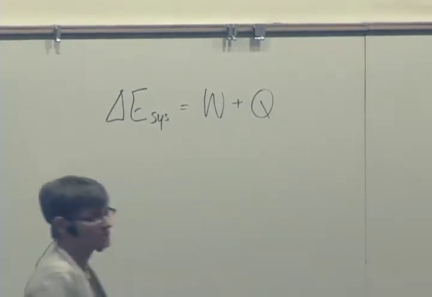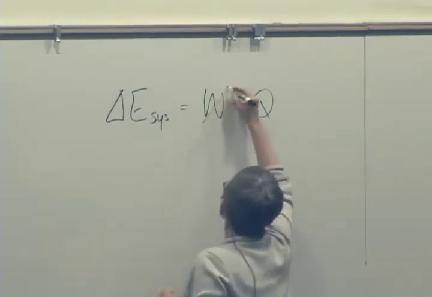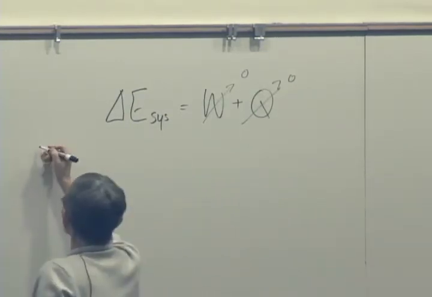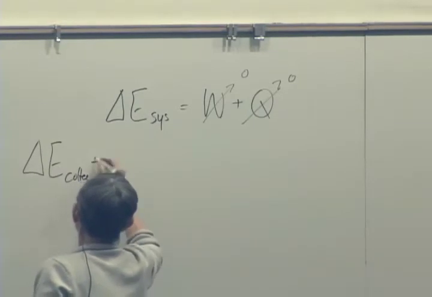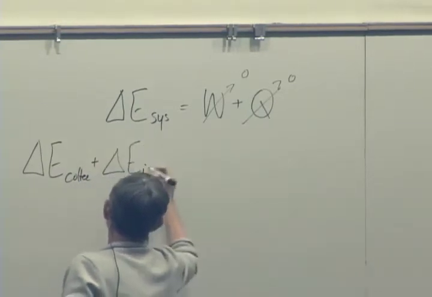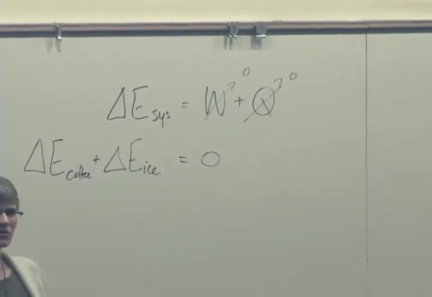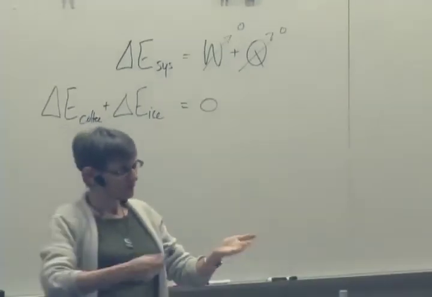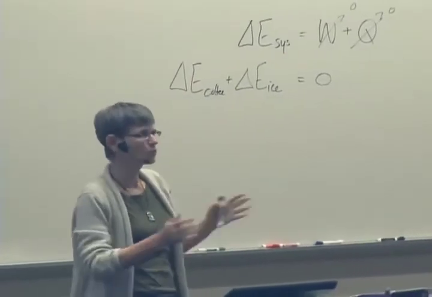So if you say the system is the ice cube plus the coffee, we say there's no energy input from the surroundings, and so that must mean that the change in energy of the coffee plus the change in energy of the ice cube equals 0. And that could be true if the ice cube got colder and the coffee got hotter. So the energy principle just says energy doesn't disappear. It doesn't say which way it's going to go.